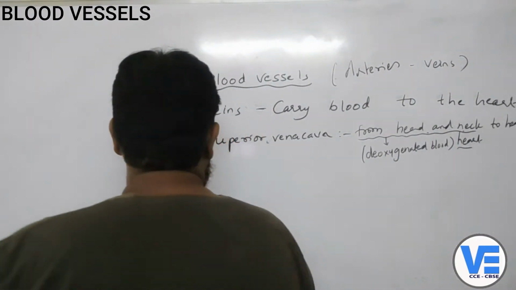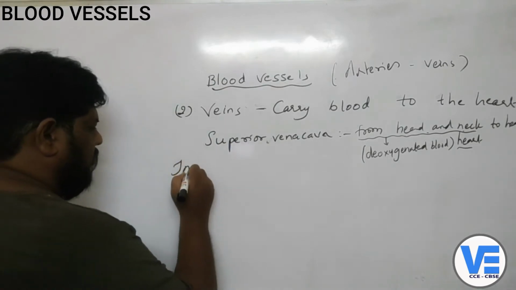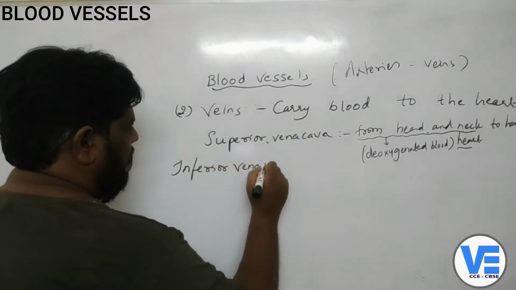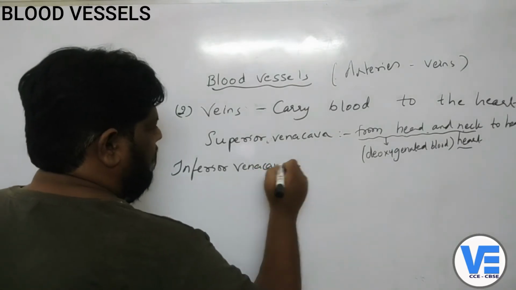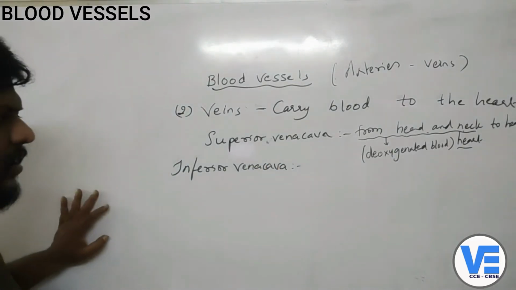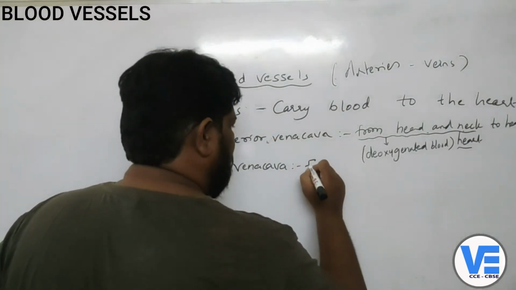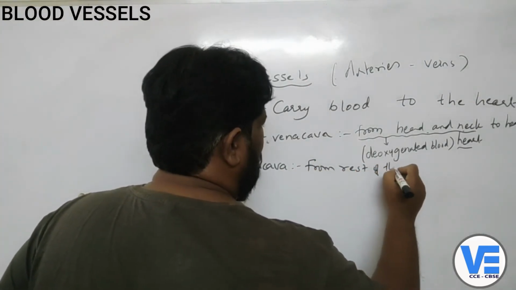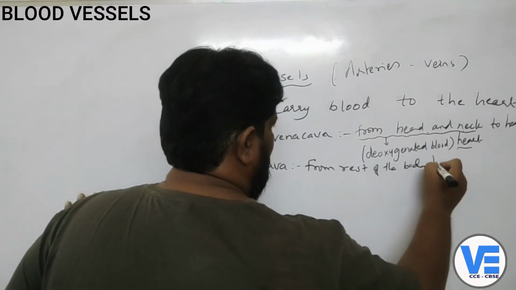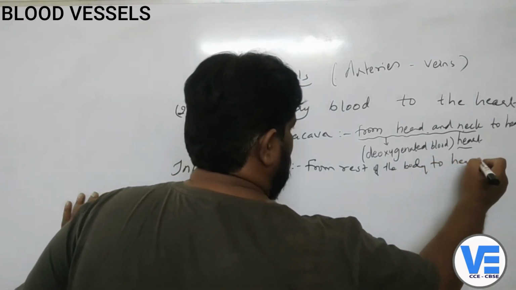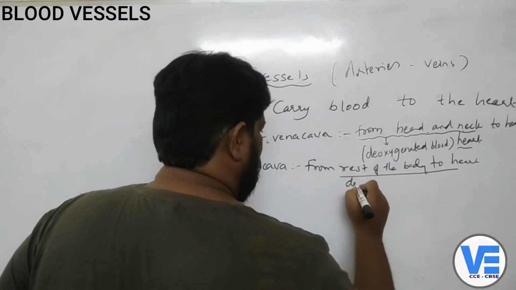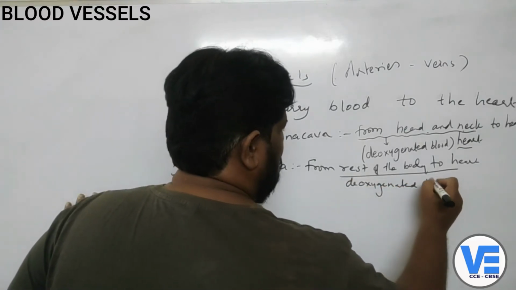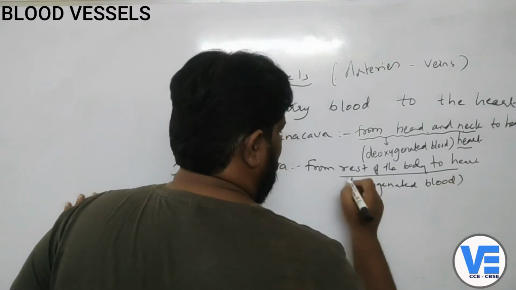And the second one is the inferior vena cava. This inferior vena cava brings the blood from the rest of the body again to the heart, and this blood is also deoxygenated blood.